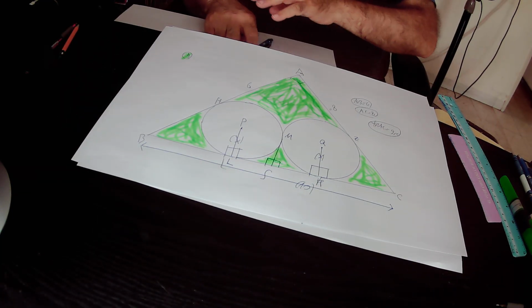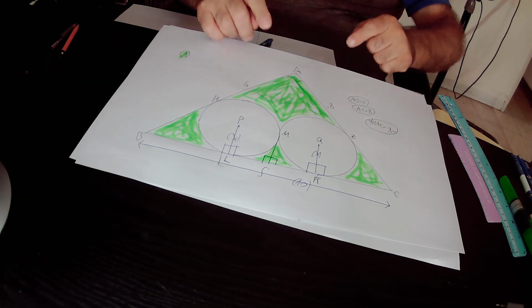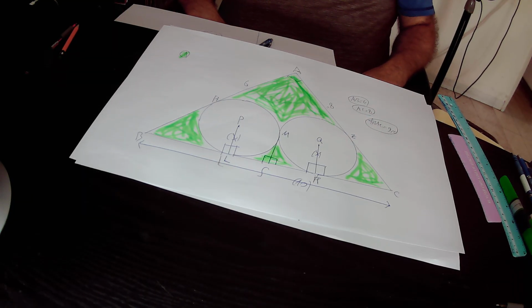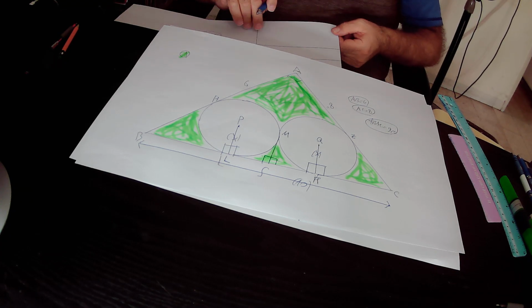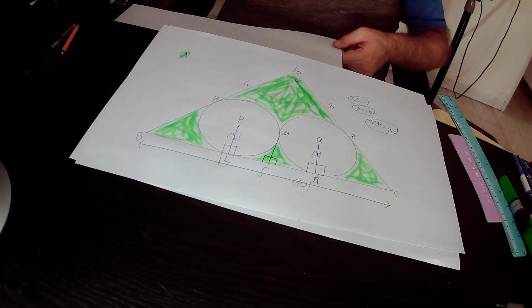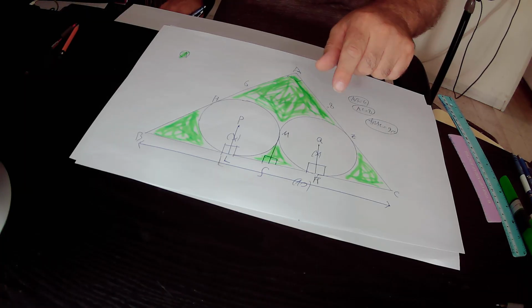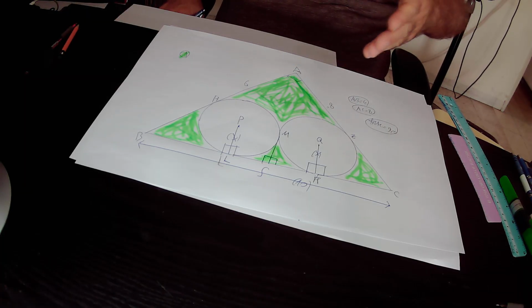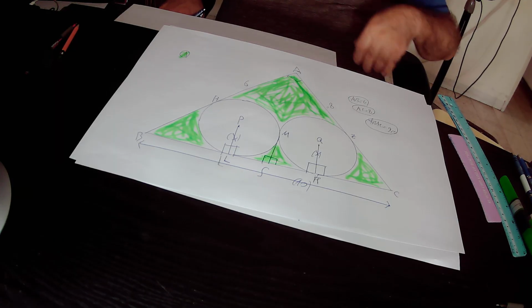We have those two circles touching each other externally at point M. Point M is the touching point between those two circles, and therefore we can implement rule 10.